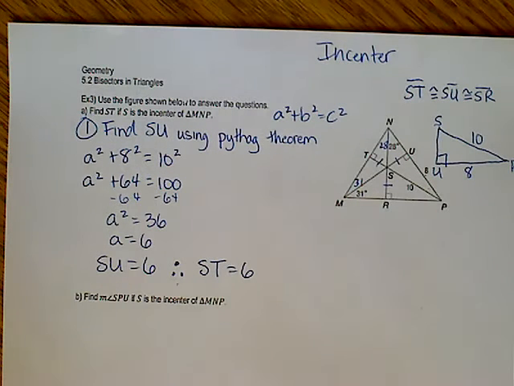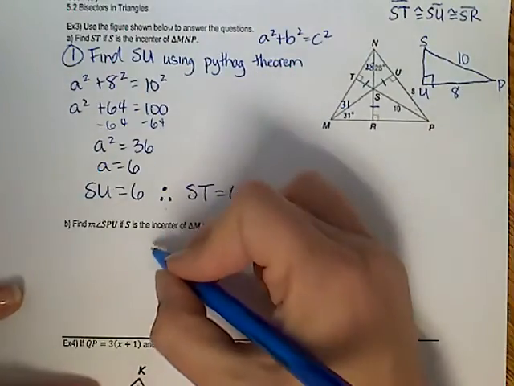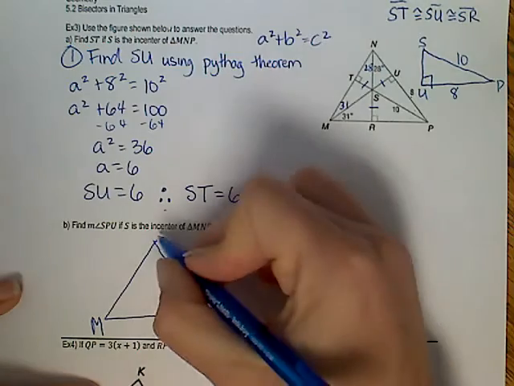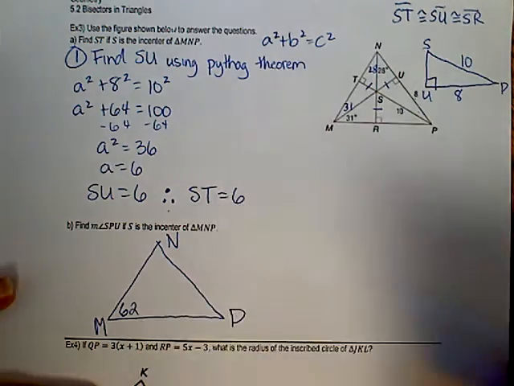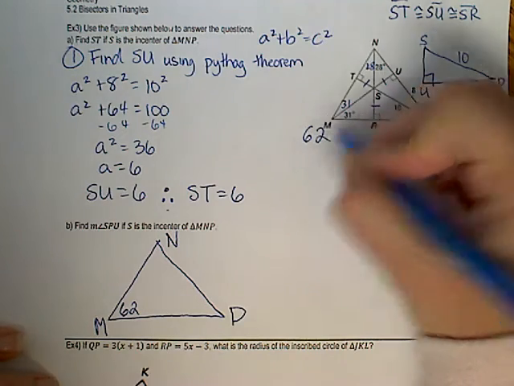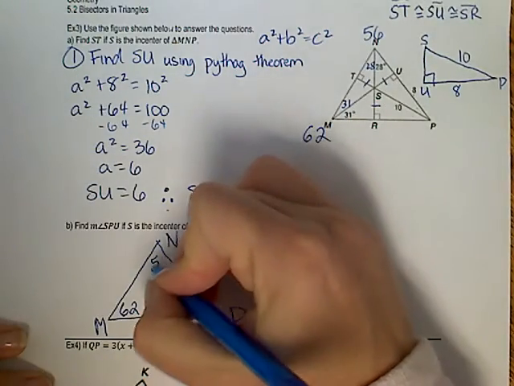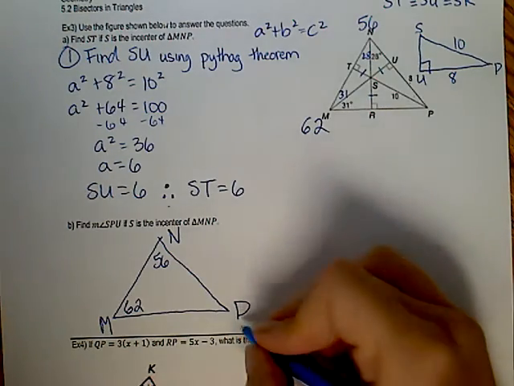Then it says, find the measure of SPU. Here's the triangle that I know so far. M, N, P. This 31 plus 31 is 62, correct? 28 plus 28 is 56. There's 56 degrees. Well, what's missing?